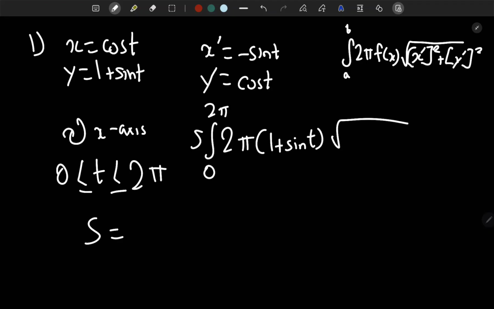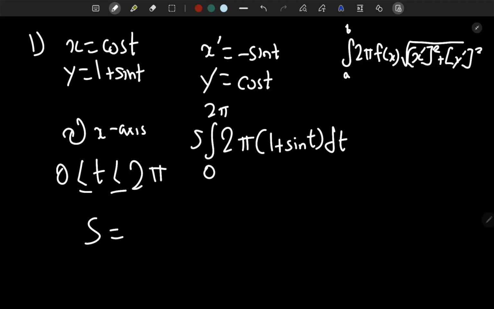And now we have the radical of x prime squared, which is negative sine t squared, which is sine squared t, and cosine squared is just cosine squared. And as we know, this is our identity, sine squared plus cosine squared is equal to 1. So all we have here is radical 1, which is 1, and which is basically nothing. We can just remove it, and we are integrating in terms of dt.